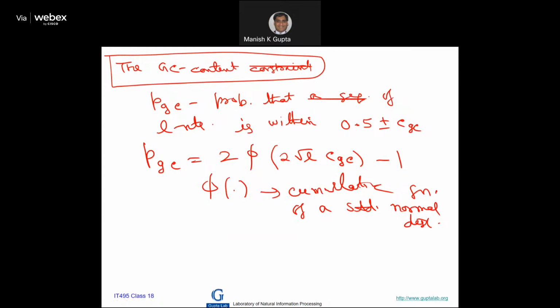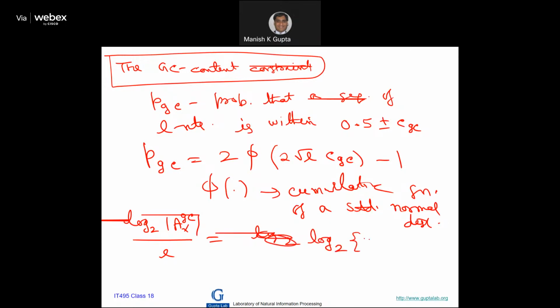So the number of bits that can be transmitted under this constraint is, basically I can compute log 2 AXGC divided by L. This will be log 2 base 4 raised to power L into GC divided by L. So I can substitute the value of PGC, which is this here.